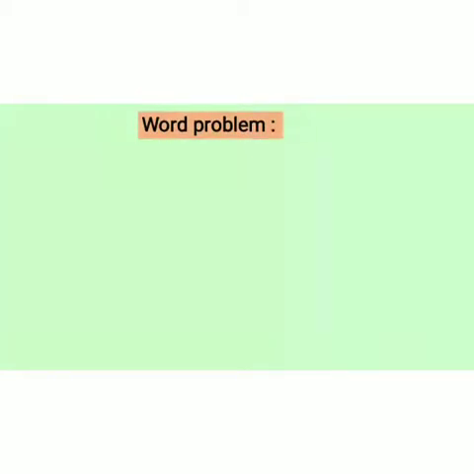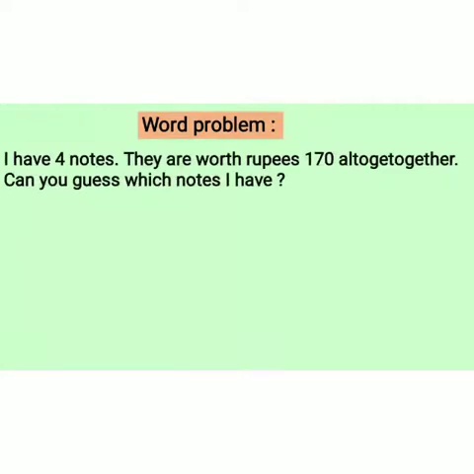Now we have some word problems over here. I have 4 notes. They are worth rupees 170 altogether. Can you guess which notes I have? Now here children, I have 170 rupees and I am having only 4 notes. So you have to imagine or guess which notes I am having.